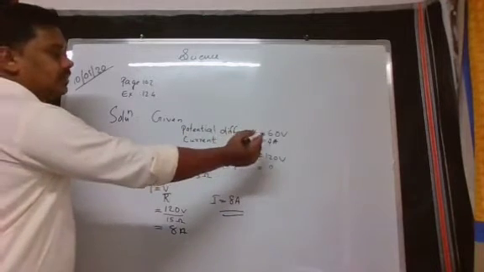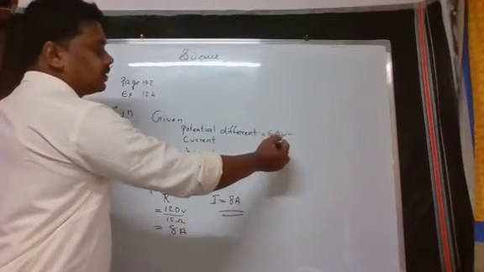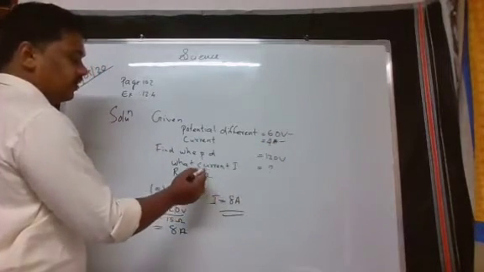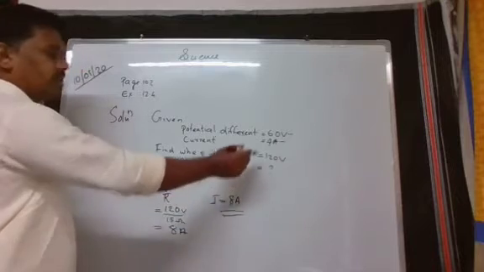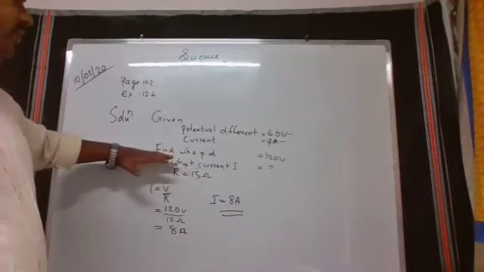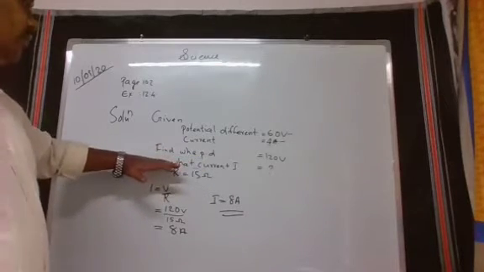Firstly, for 60 volt, 4 ampere current is moving, so we found the resistance. When potential difference 120 is given, we want to find the current.